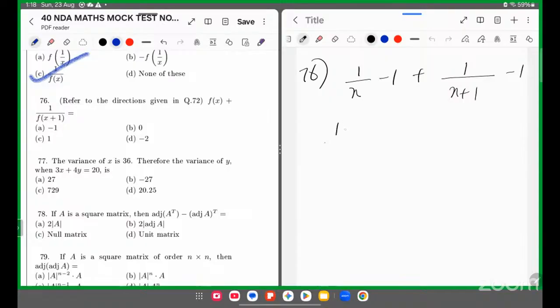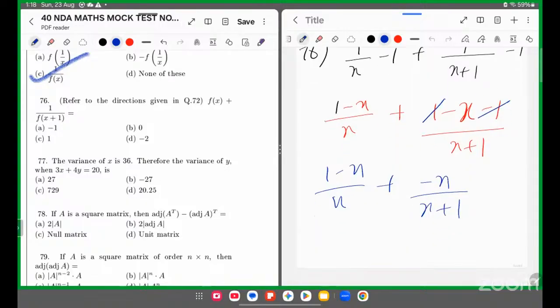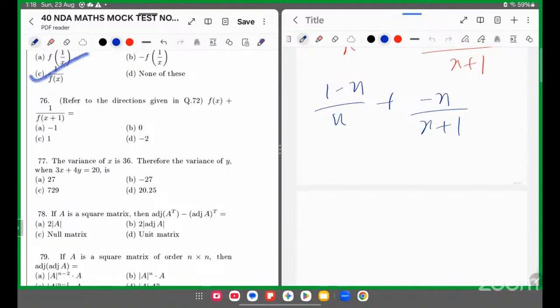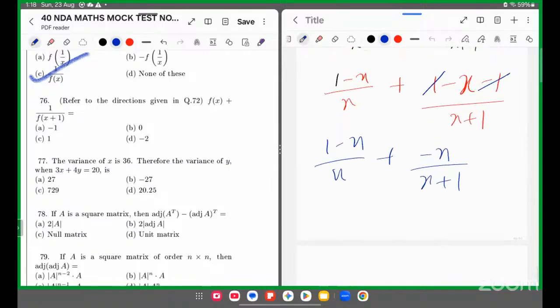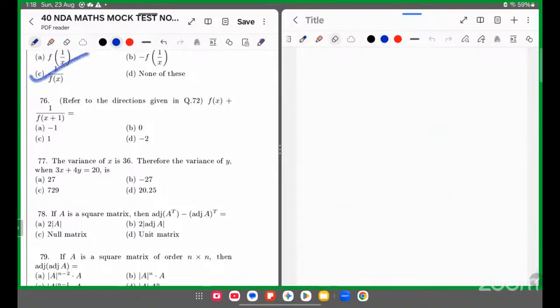So if I solve for this one, 1 minus x by x plus 1 minus 1, 1 minus x minus 1 by x plus 1. So 1 gets cancelled. Okay, not like this. I will do once again.